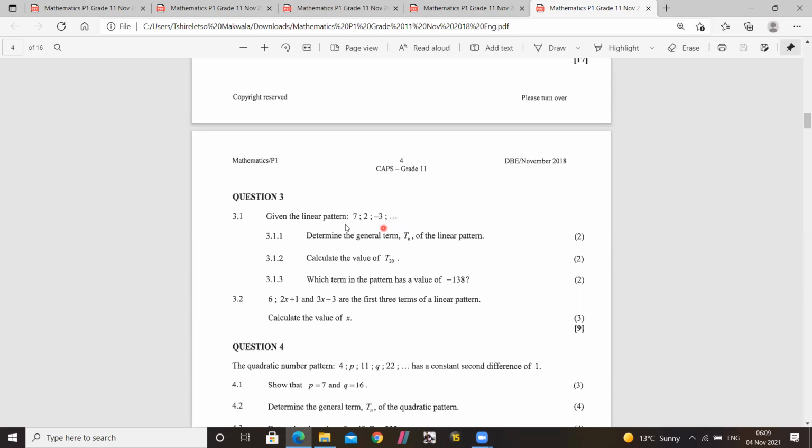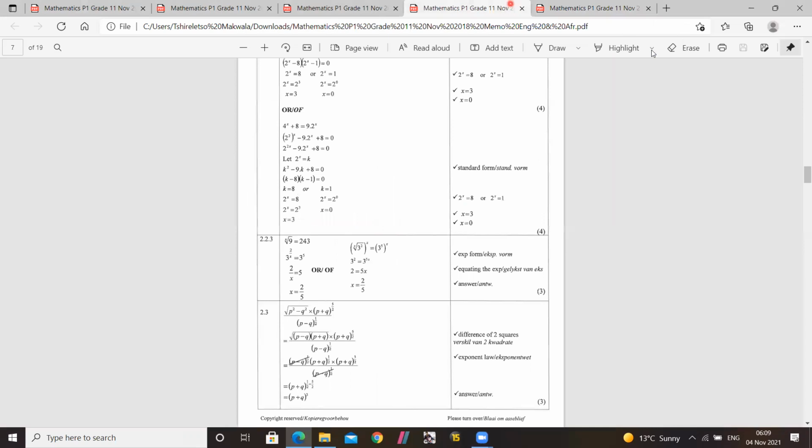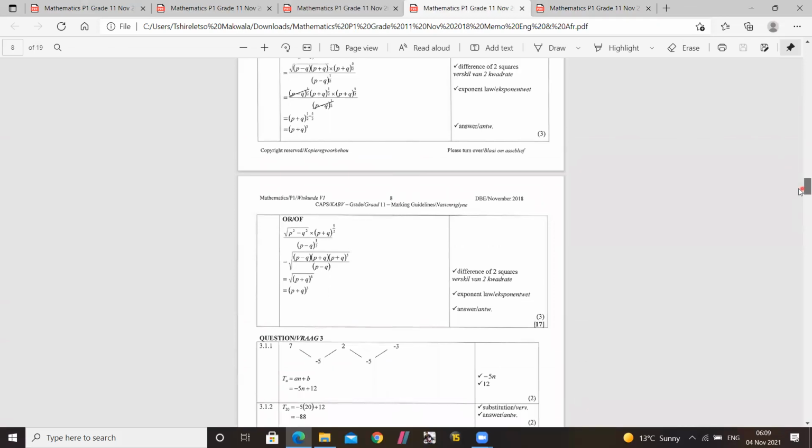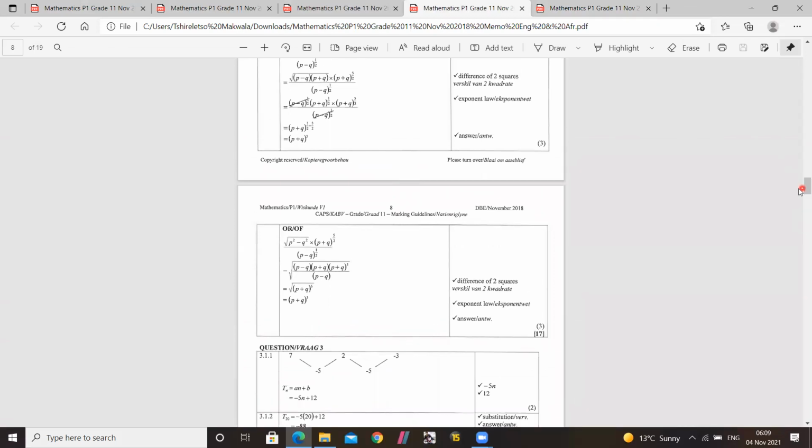So question 3 says determine the general term Tn of the linear pattern. How are you going to approach this? For a linear pattern, you're going to write it down like they did here.